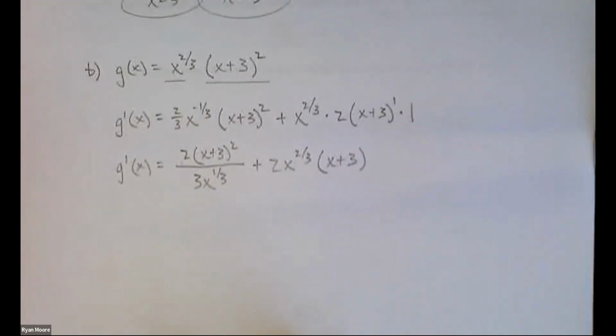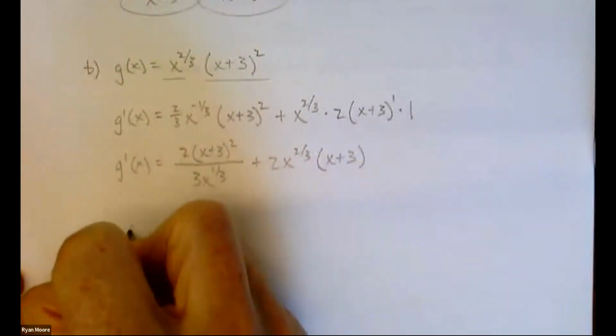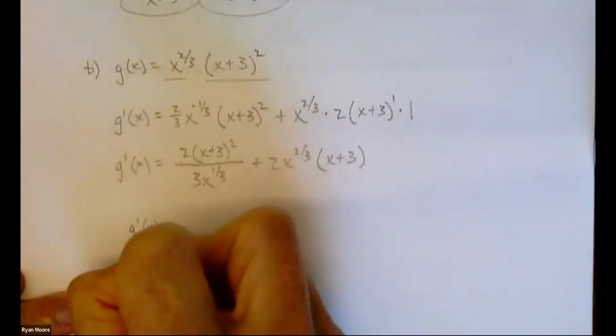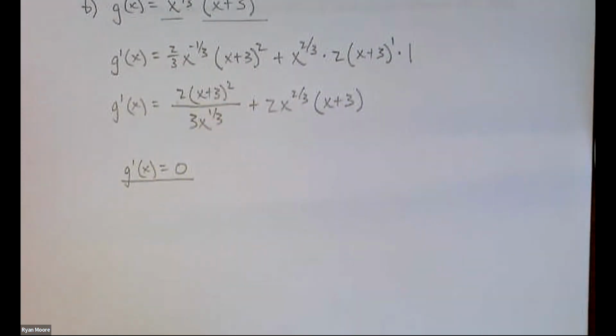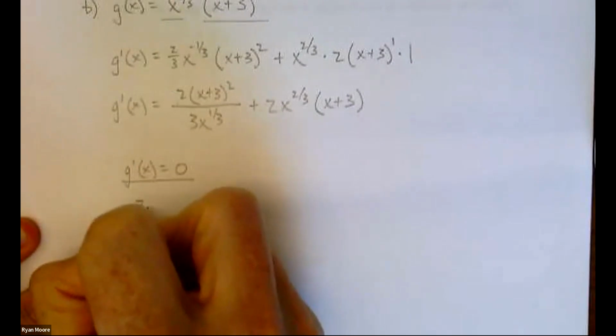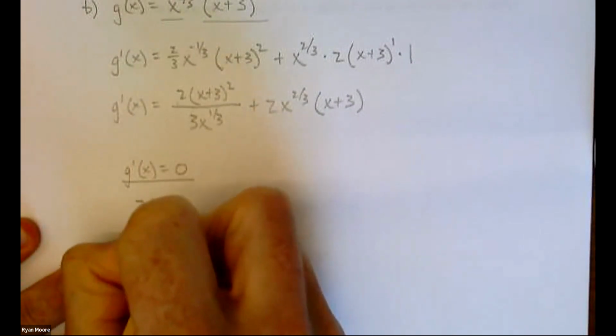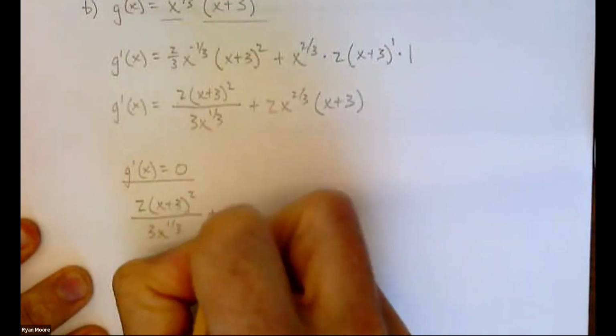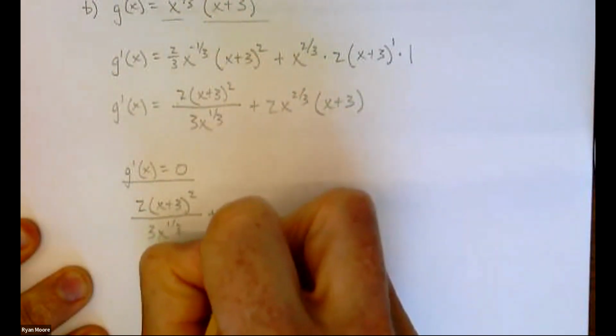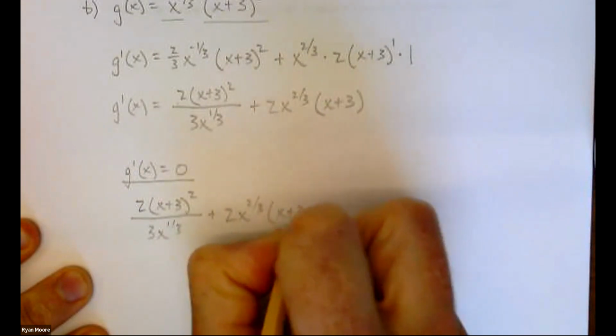From here, we need to look at, all right, where does our derivative equal 0? Start with that. So I'll take this whole thing, 2 times x plus 3 squared over 3x to the 1/3, plus 2x to the 2/3 times x plus 3.